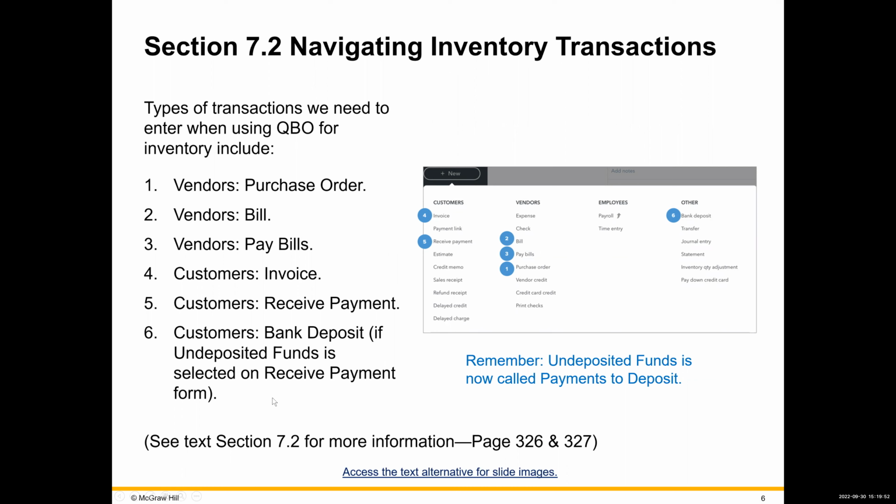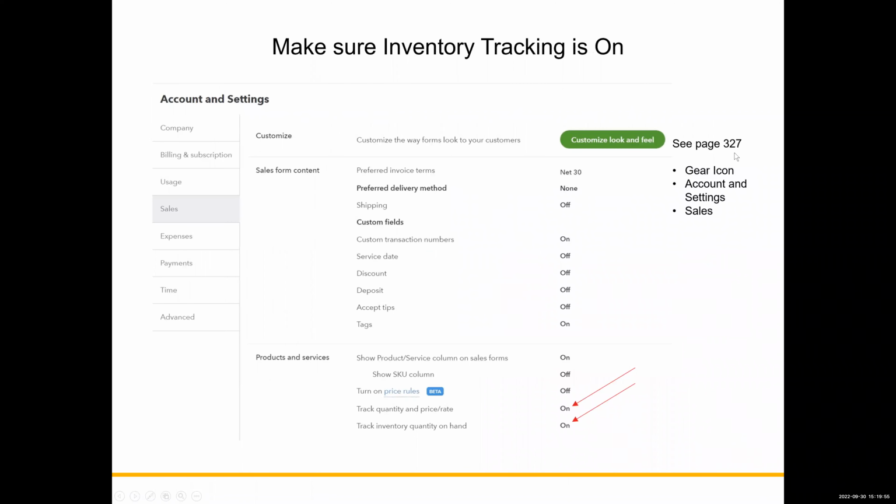Okay. Now on page 327, you need to make sure that your inventory tracking is on. It's easy to do. You would just use the gear icon, go to account and settings, go to sales. So you're right here at sales.